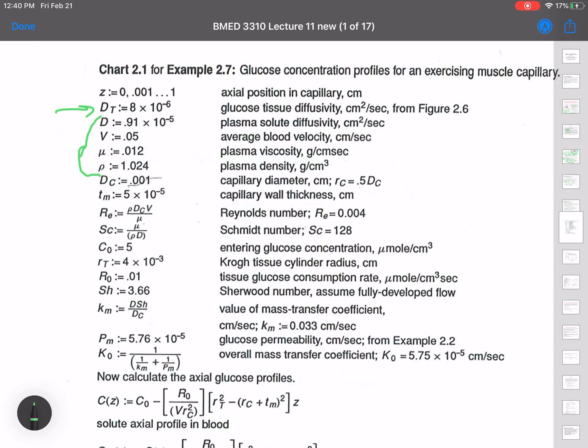She's doing a little bit more here. She's calculating the Reynolds number, the Schmidt number, the Sherwood number. All these things are a combination of, we looked this up in a book for you somewhere, and then did algebra. Actually, you have the tools to do all of this.